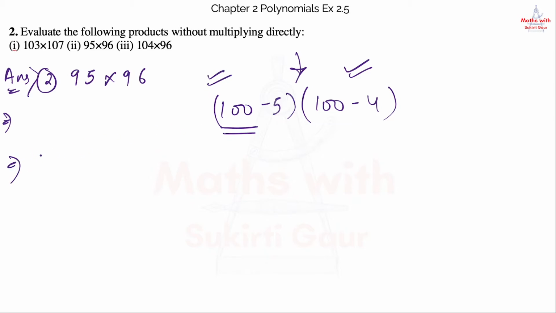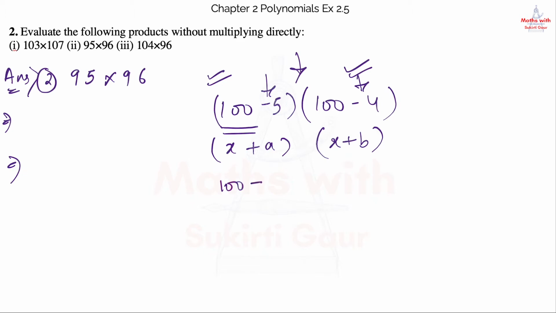Now if I choose this one, 100 minus 5 into 100 minus 4, we have to treat it as (x plus a) and (x plus b). Now, these two things are not in positive sign, they are negative. So how can we write them as x plus a and x plus b?